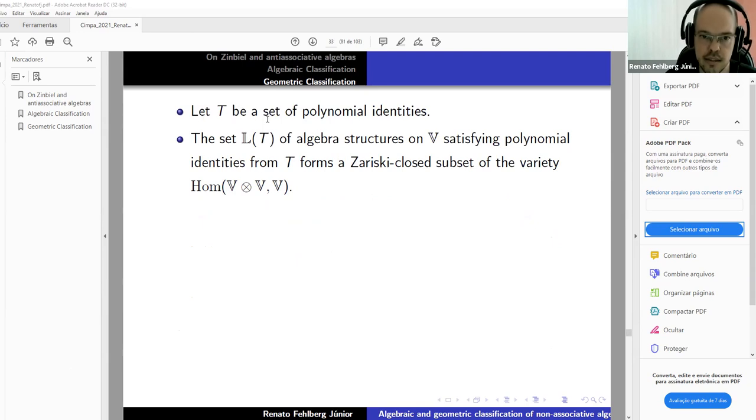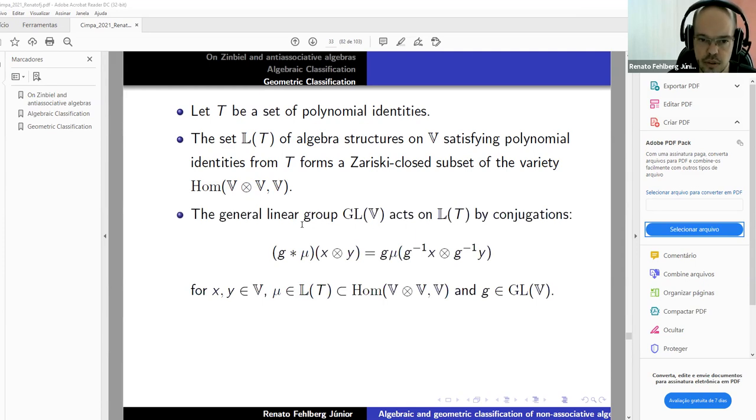So let's consider a set of polynomial identities. The set L_T will be the set of algebra structures on this vector space V that satisfy the identities from T, and this set forms a Zariski closed subset of this variety.